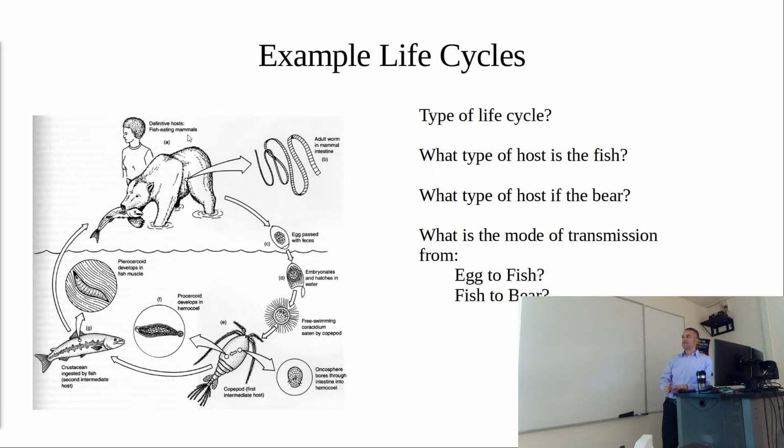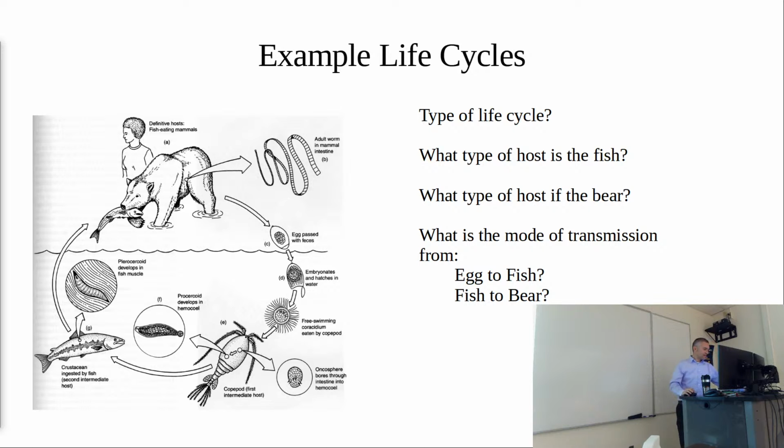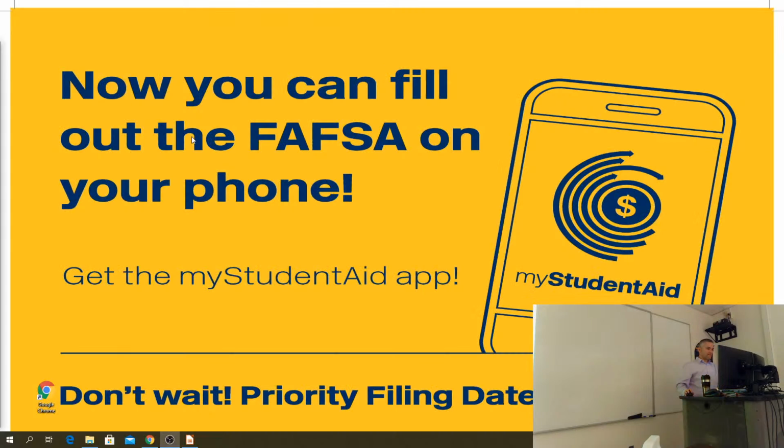It's on this sheet. It's a definitive host. That's where our sexual reproduction occurs. The worm is going to produce the eggs. The eggs are going to leave. So now, what is the mode of transmission from the egg to our copepod? Let's fix that. Egg to the copepod.